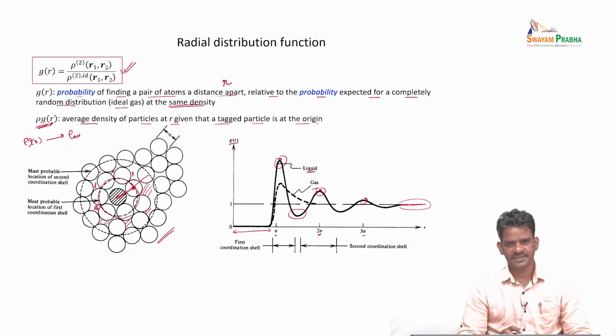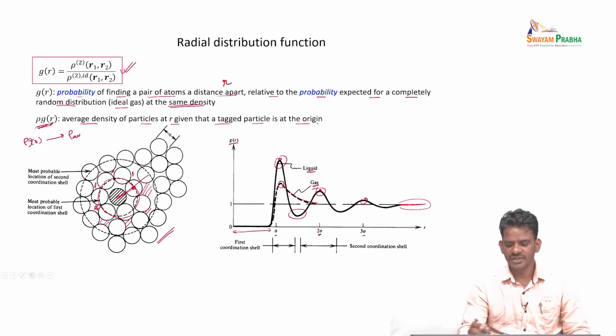Whereas if you look at a gas, you are talking about a very dilute system where the particles hit each other and then move apart because of constant collisions between the atoms. Because of this, you see only a pronounced peak near the collision distance, and after that the particles are basically moving away. The mean free path is quite high for a gas, so you see a quick decay of the g of r function.